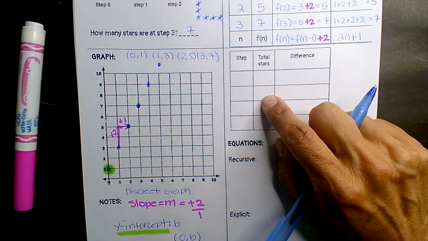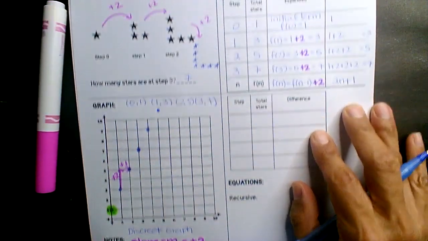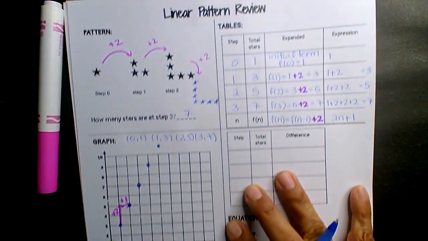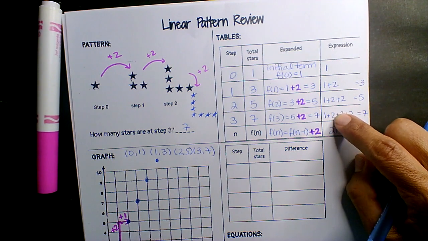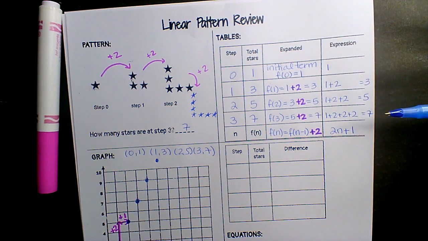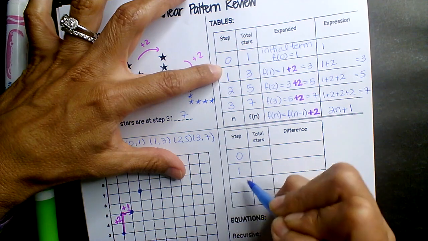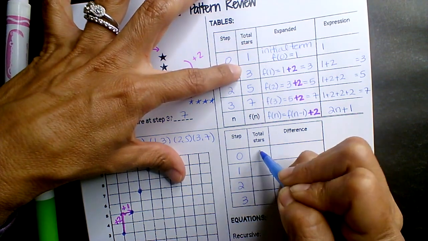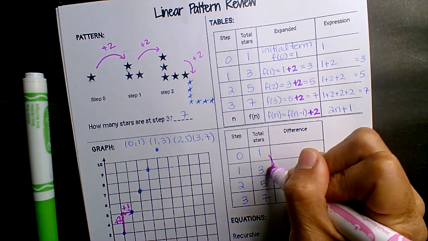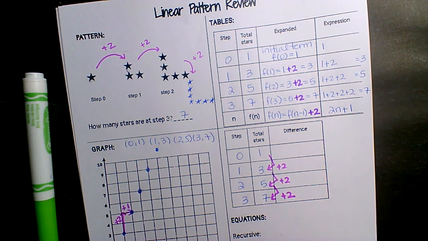Okay, so for this table, we're going to repeat everything, but we're going to separate the recursive and the explicit from this little table. This expression one, I don't make you do on a quiz or a test. It's just here so you can think of what you do naturally in your head. So if I rewrite 3, 5, 7, you want to be able to identify it's going up by 2.